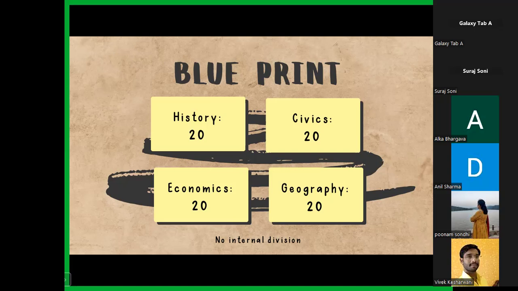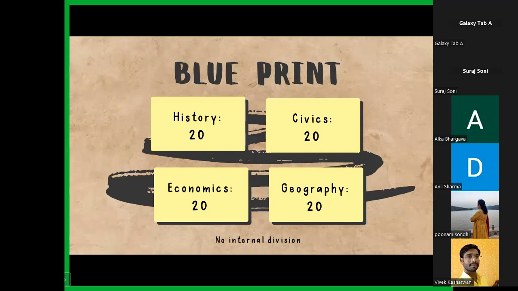So the blueprint for social science is not chapter wise, it is unit wise. Like we have 20 marks for history, 20 marks for civics, 20 marks for geography, and 20 marks for economics.